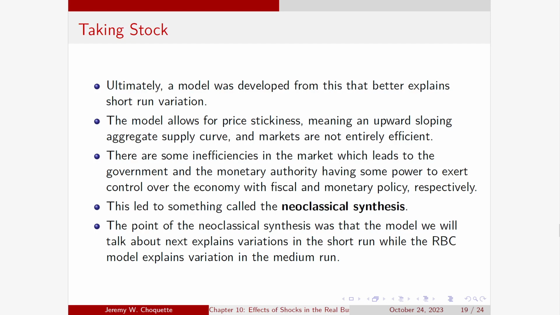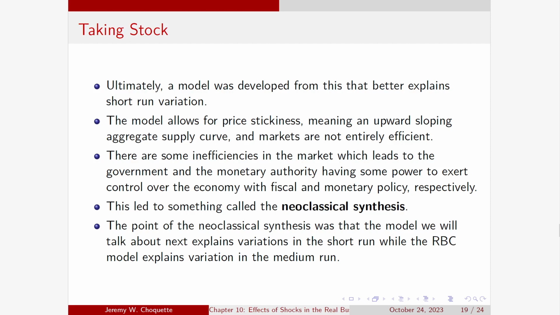It could be improved. So there are inefficiencies in the market, which then lead to the necessity of government and monetary intervention. The government and monetary authority can have some power to exert over the economy with fiscal and monetary policy.